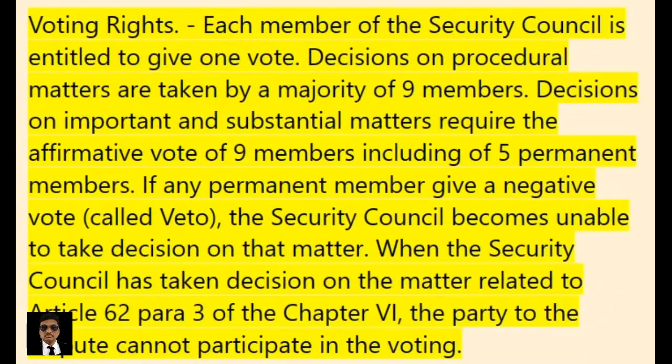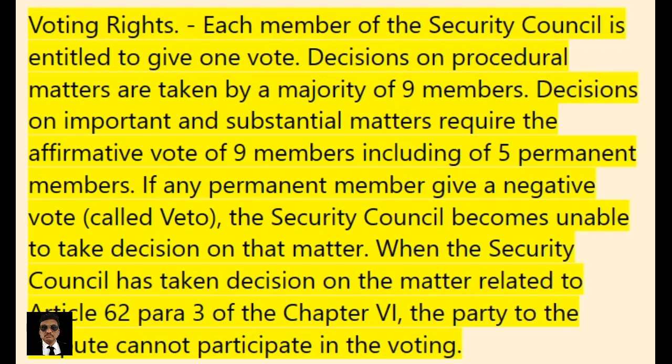Voting rights. Each member of the Security Council is entitled to give one vote. Decisions on procedural matters are taken by a majority of 9 members. Decisions on important and substantial matters require the affirmative vote of 9 members, including the 5 permanent members.